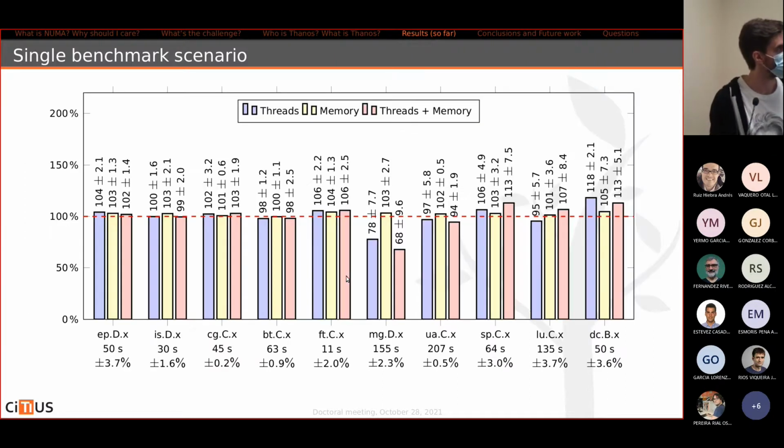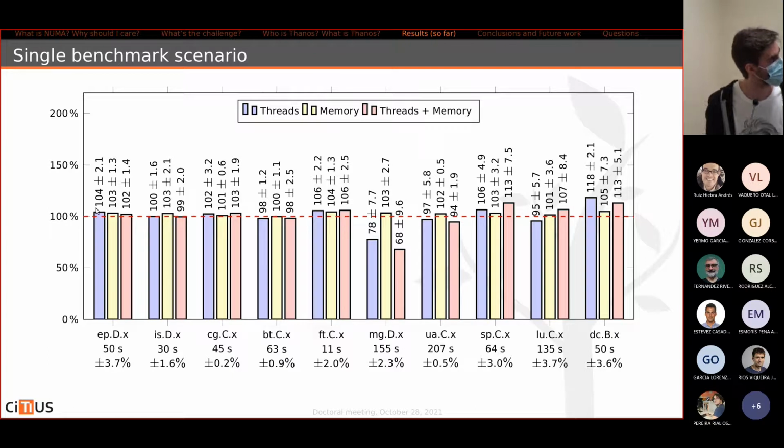Here I show you the results. In this plot, we can see the normalized execution time. 100% corresponds to the average execution time of the operating system alone, and each bar shows the execution time of our proposals.